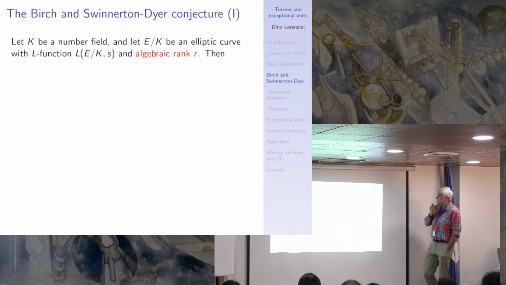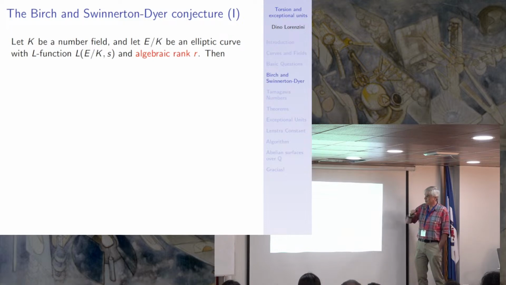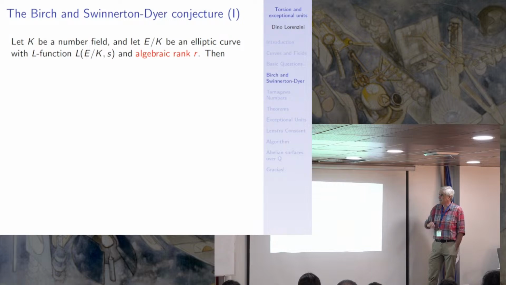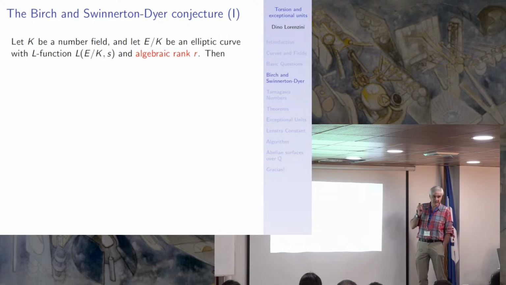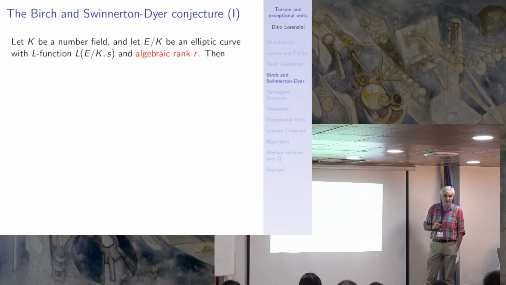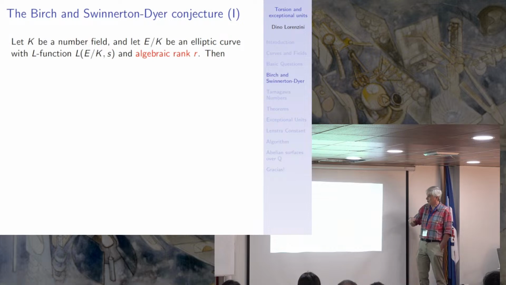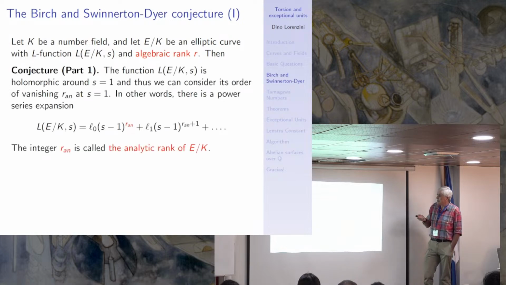All right, and then the first part of the Birch-Swinnerton-Dyer conjecture says the following. So here k is any number field, E over k is an elliptic curve, it has an L function, and the algebraic rank r means the rank of the Mordell-Weil group over k, right? And so the conjecture says that this L function is actually a holomorphic function around s equals 1, and we can consider its order of vanishing that I'm calling r analytic.